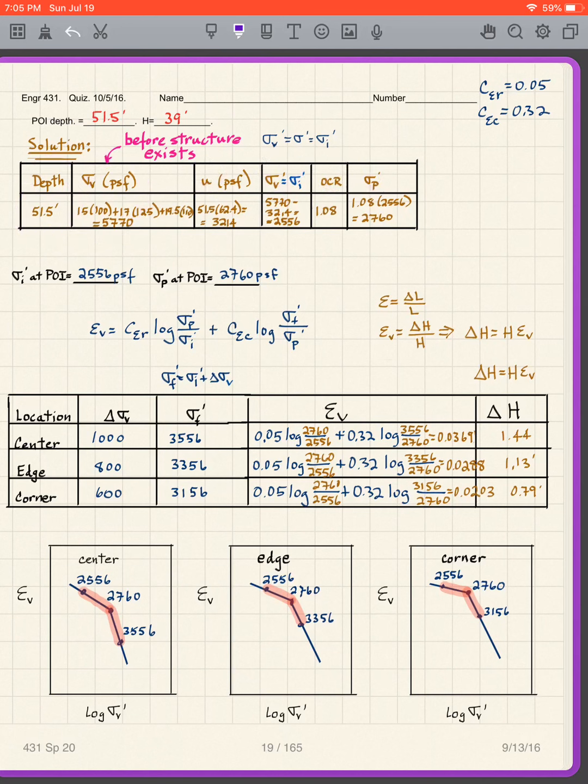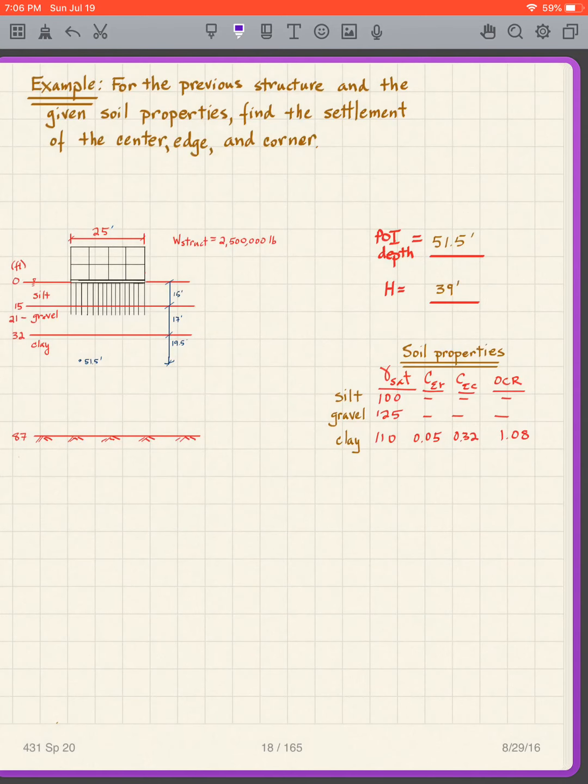So how do I get my sigma v? Again, that's my point of interest. My sigma v is before the structure exists. So I just take the soil layering before the structure exists at my point of interest. I've got silt, gravel, and clay before the structure exists.